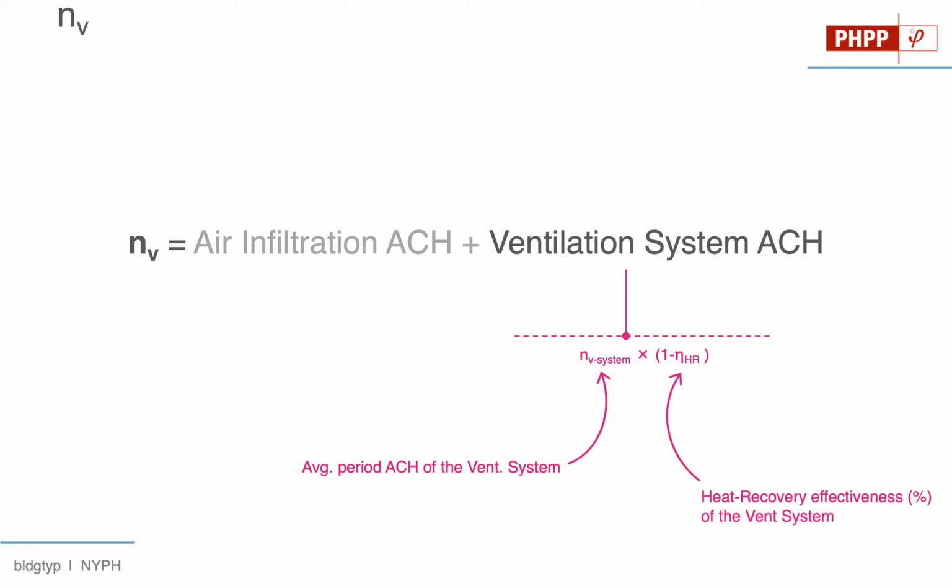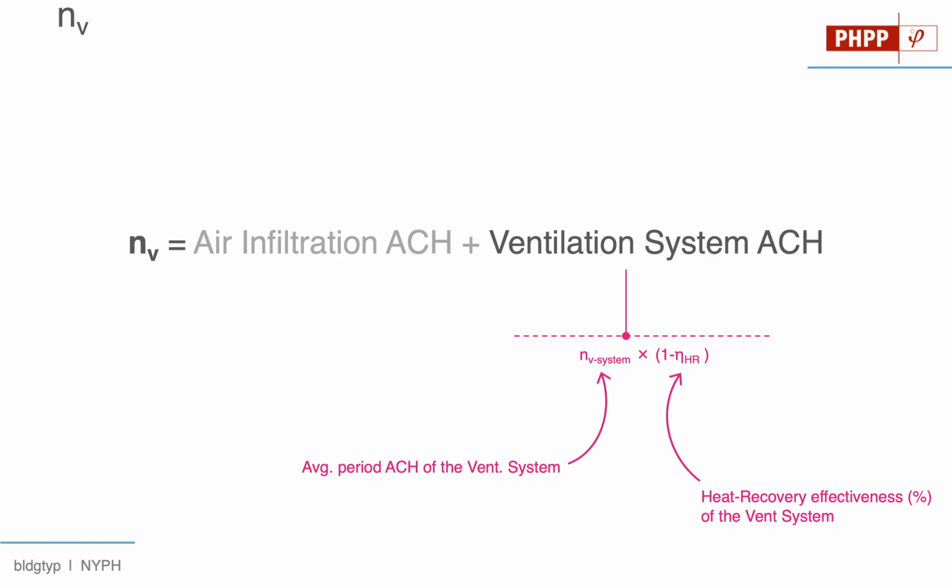So we have two pieces of our equation there. The average period air change rate of your ventilation system. So again, over whatever time period you're assessing, we figure out the average ACH of your ventilation system. And then we figure out the actual heat recovery effectiveness of the entire ventilation system, both the ventilation unit and any associated or extra heat losses due to the ducting or other components that are part of that system, and all of that becomes part of the total heat recovery effectiveness.